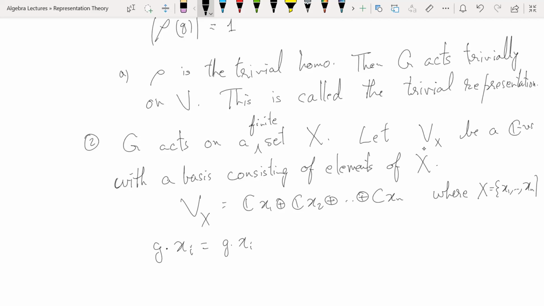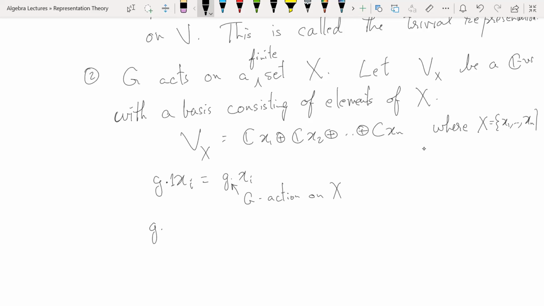It seems a bit funny, but g dot xi, meaning 1 times xi, should be g dot xi, where the second is the g action on X. We are trying to define the action of g on Vx now.